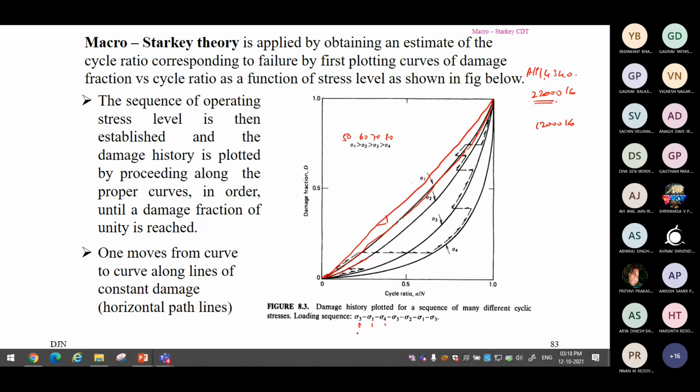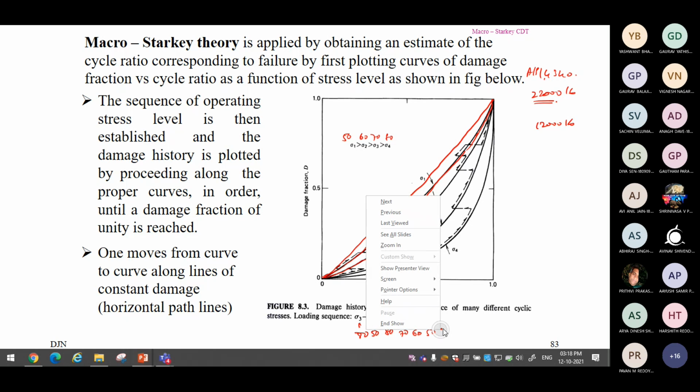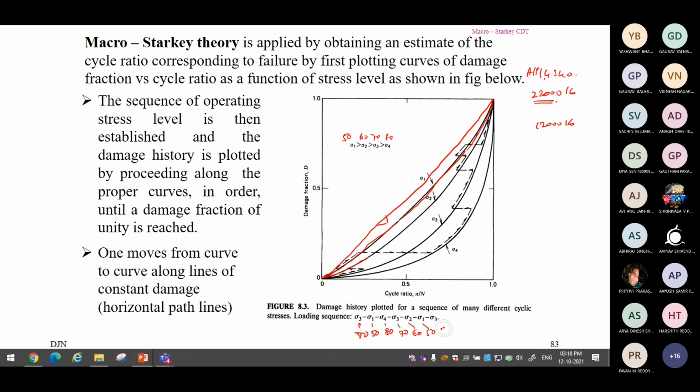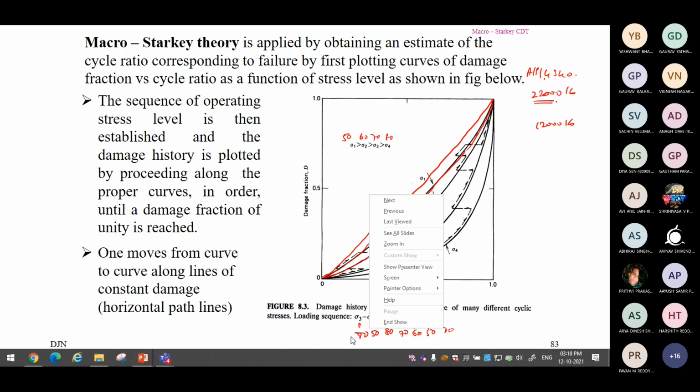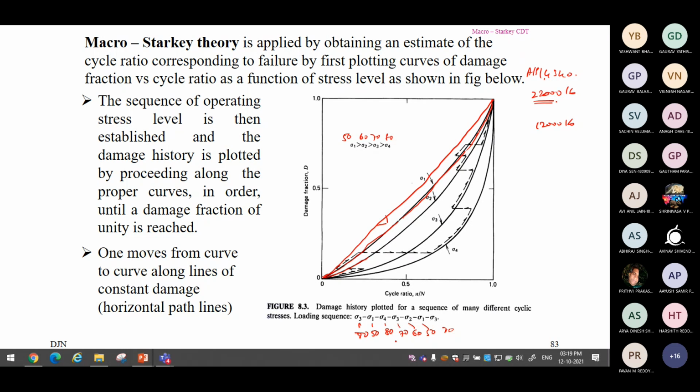So the applied sequence is 70 ksi, then come to 50 ksi, then go to 80 ksi, again 70, then 60, then 50, then sigma 3, again 70. This is the applied sequence, in which the load is applied and how many cycles, N1, N3 number of cycles. So that sequence line is shown with the arrow mark.